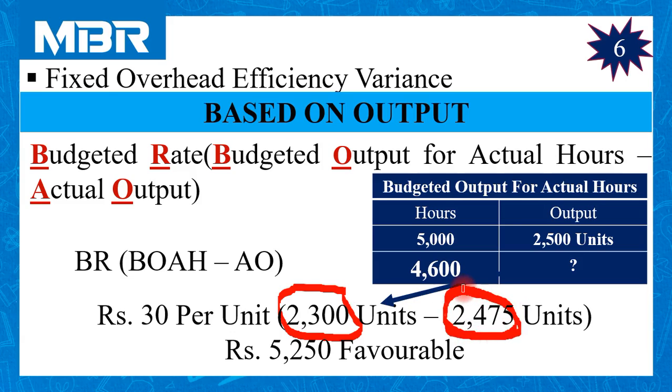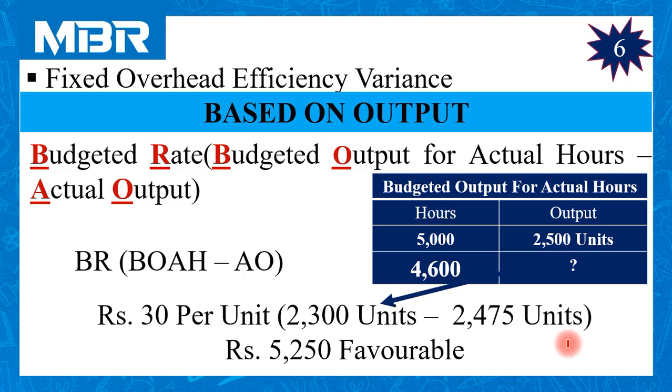So when, as compared to budgeted output, your actual output is increased, your efficiency is higher, or you can say your employees are highly efficient. When your employees are highly efficient, this is a favorable part for your business. So you can say it is 5,250 favorable.